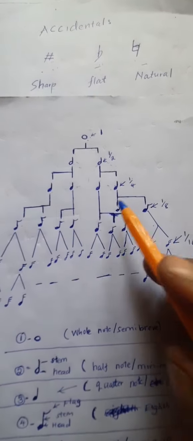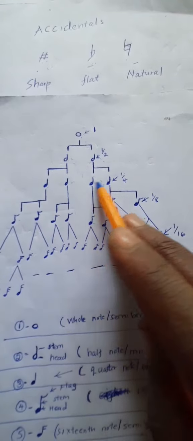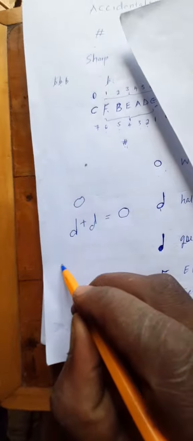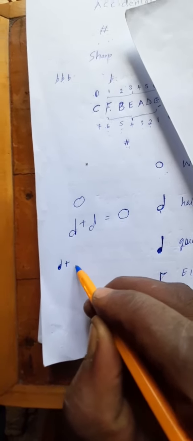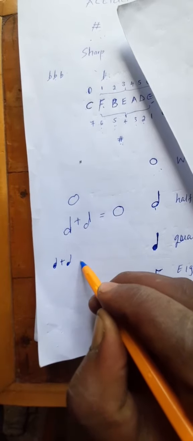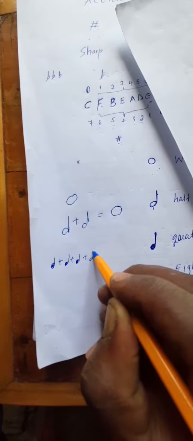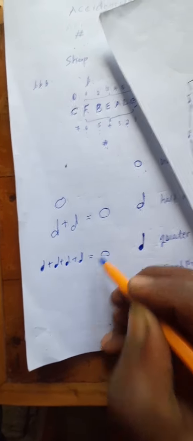You see that? That's a presentation of what we are doing. Just break it down. In that, if we have 4 quarter notes, 1 2 3 4, it equals a whole note.